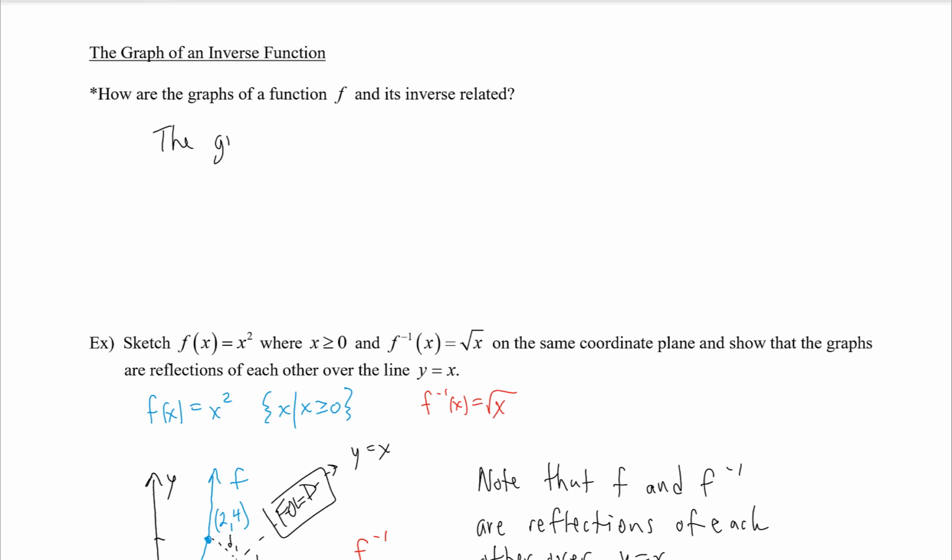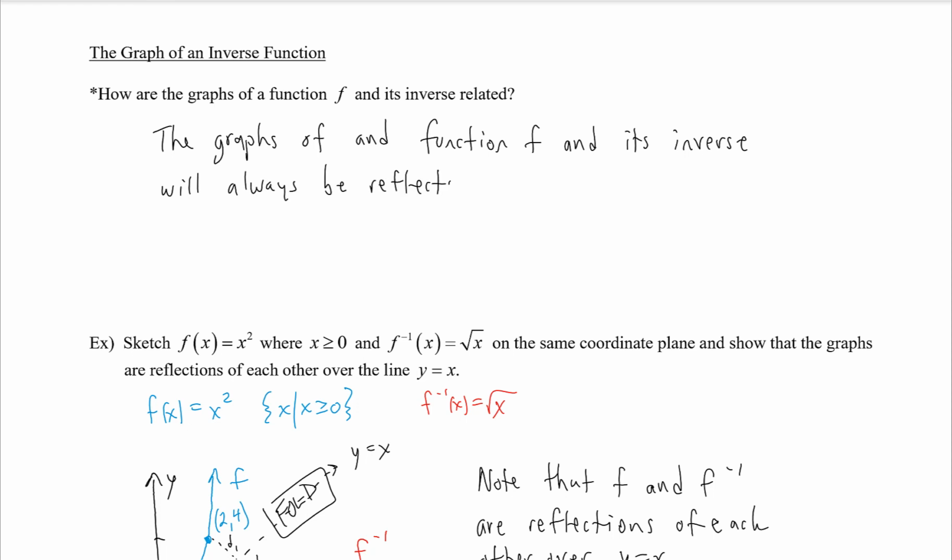The graphs of any function f and its inverse will always be reflections of each other over the line y equals x.